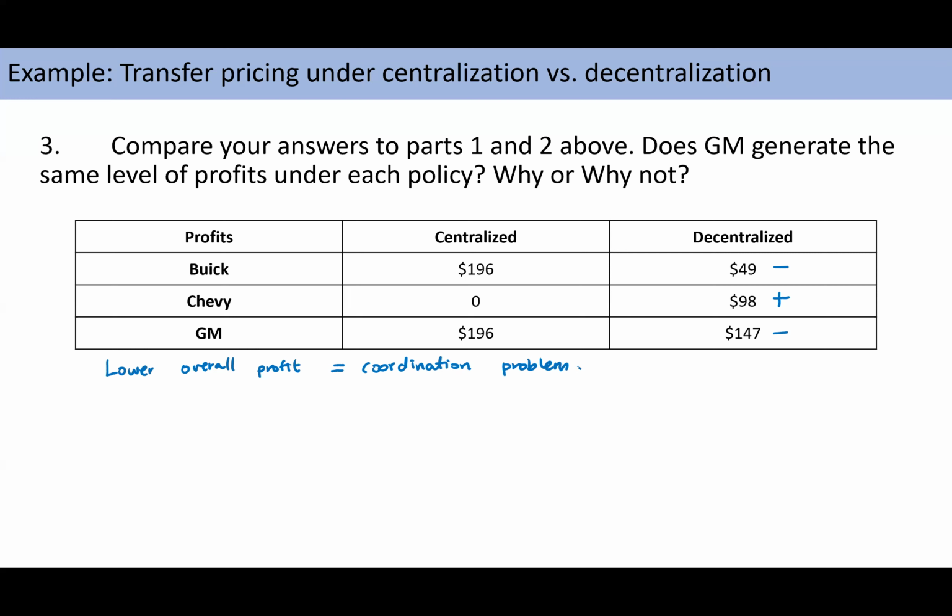Here, we let Chevy decide the transfer price, and Chevy was making a decision based on what would maximize their own profit. But the problem is that what's best for Chevy was not what was best for GM. So decentralizing transfer prices might have some unintended consequences where the firm's overall profit goes down, because each division has their own incentives, and that might not necessarily lead to profit maximization at the firm level.